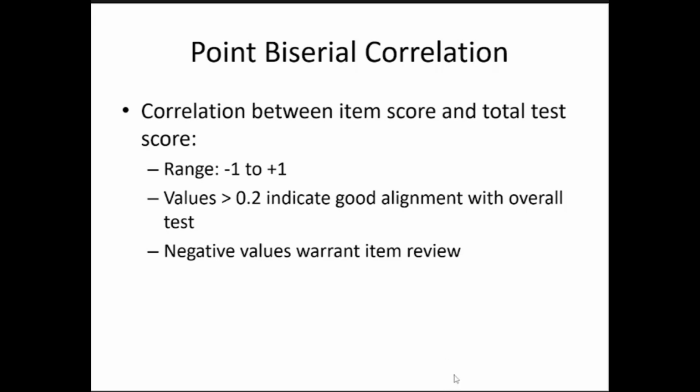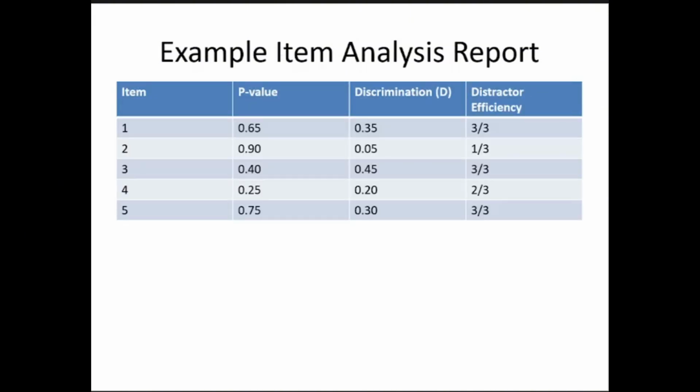So now we'll start off with examples of an item analysis report and how to interpret an ideal item analysis report based on these coefficients. So this is an example of an item analysis report where there are 5 items. The p-value is the difficulty index, and the D value is the discrimination index, and then we have the distractor efficiency.